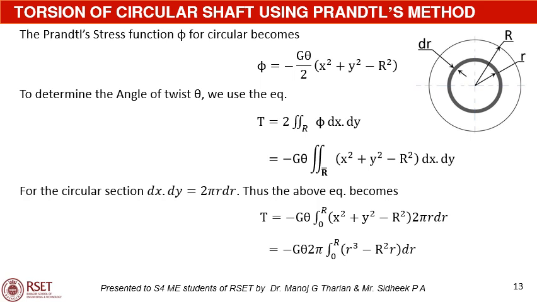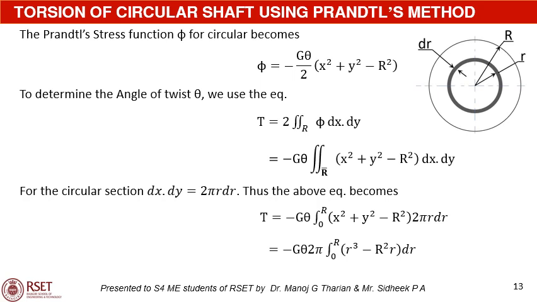Thus, the double integral over the region R bar of x square plus y square minus r square into dx dy becomes integral 0 to R of x square plus y square minus r square into 2 pi r dr.